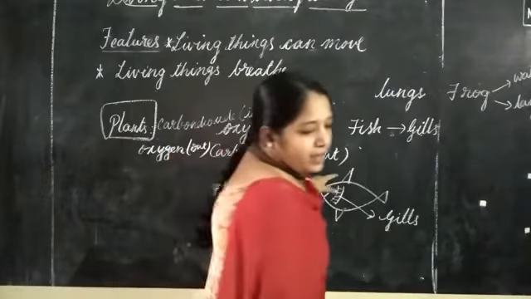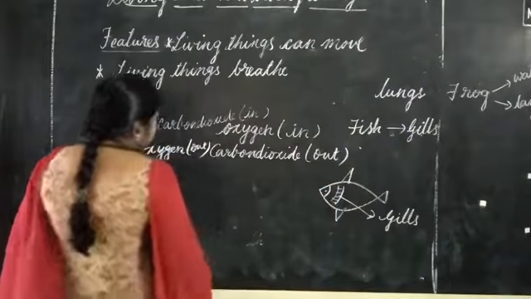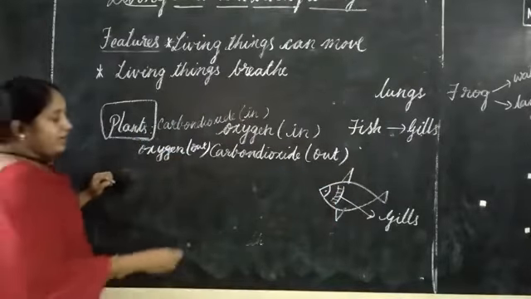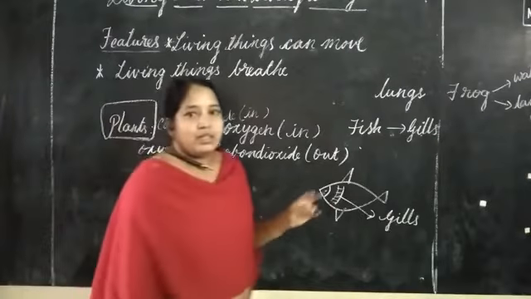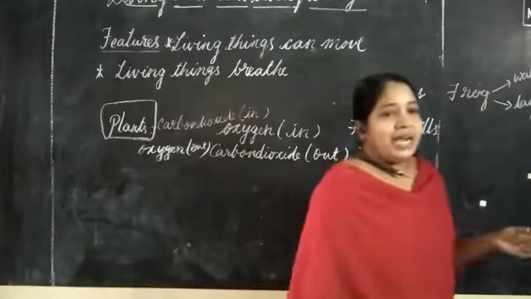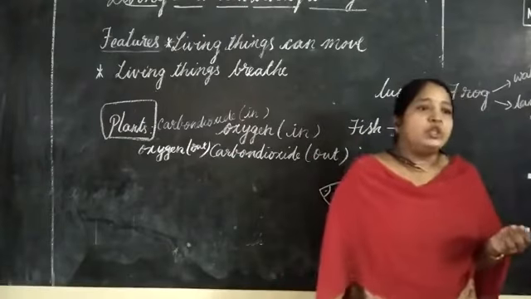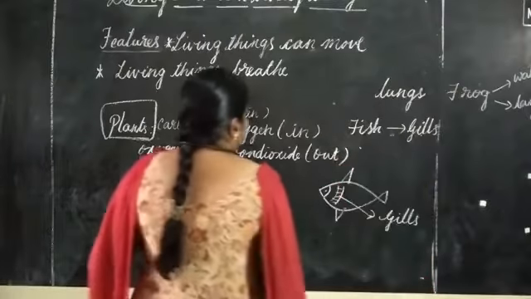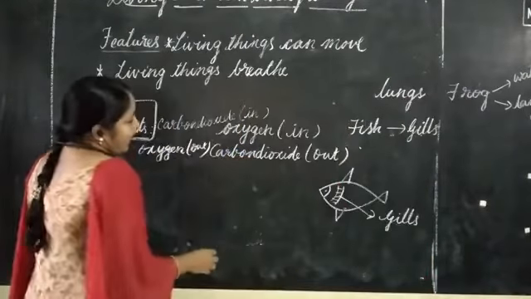Okay, children? Then what about insects? Give some examples of insects, children. Yes, cockroach, butterfly, mosquito. And how do these insects breathe? Through their air holes.